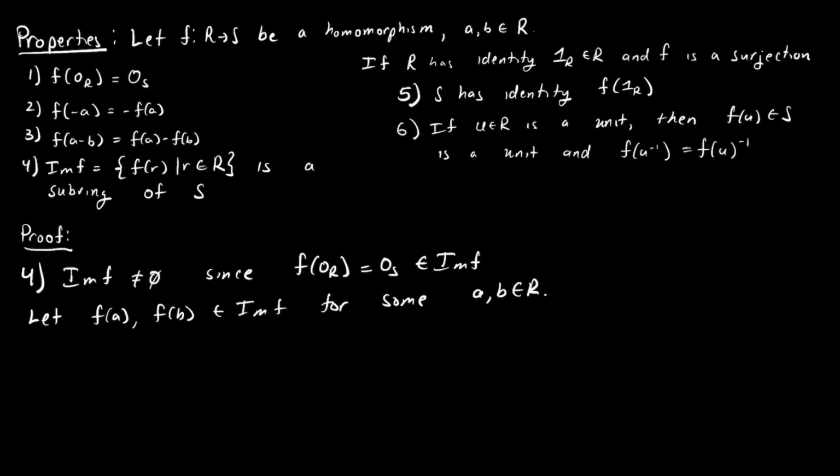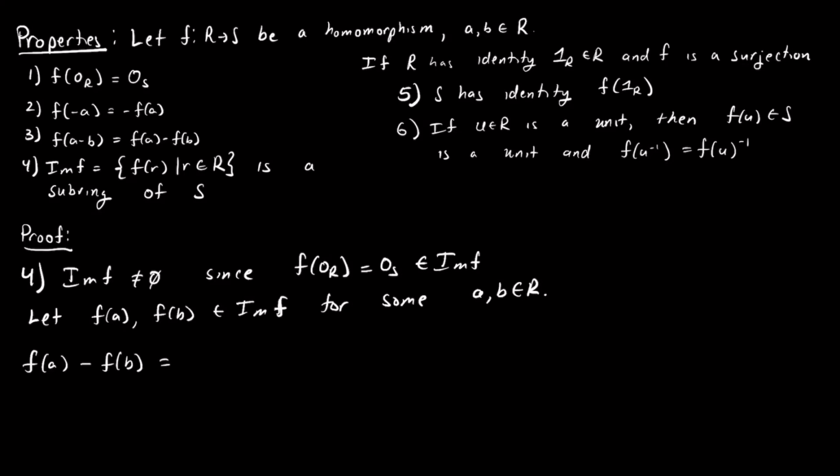Okay, so let's check our conditions. I need to show that if I subtract two elements of the image of f, then I have something that's in the image of f, and if I multiply two things in the image of f, then I have something that's in the image of f. So if I do f of a minus f of b, well, we've encountered this already.